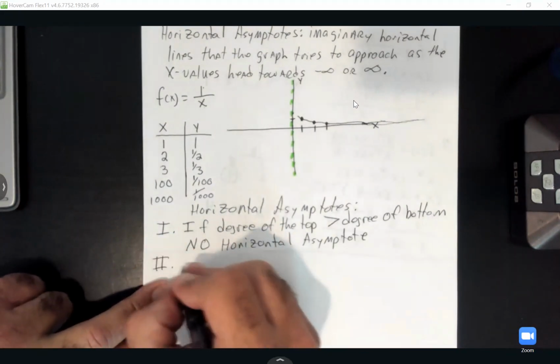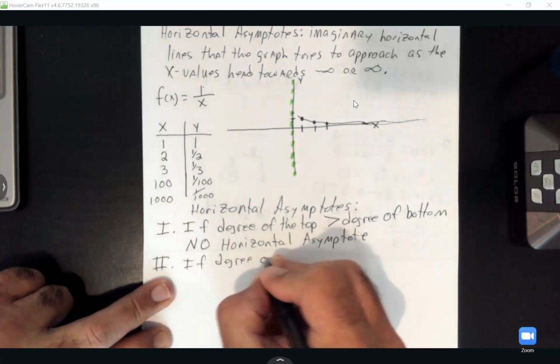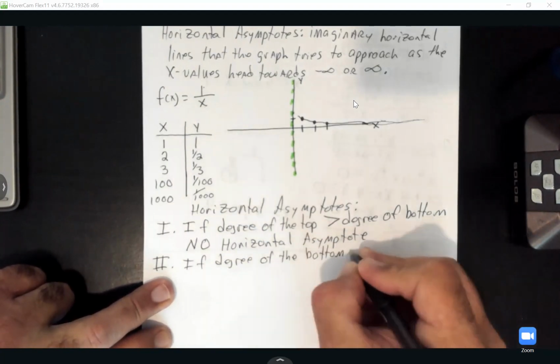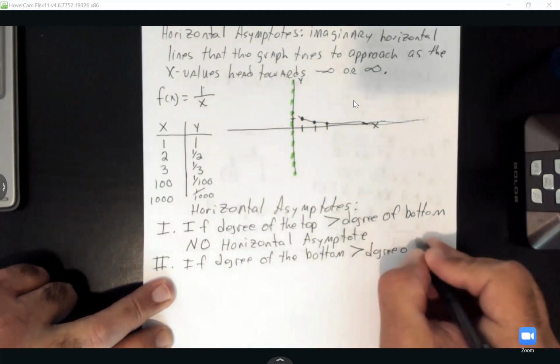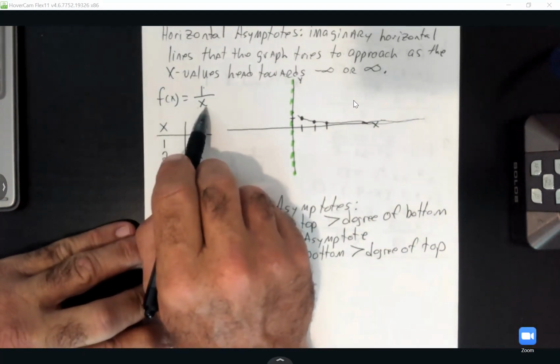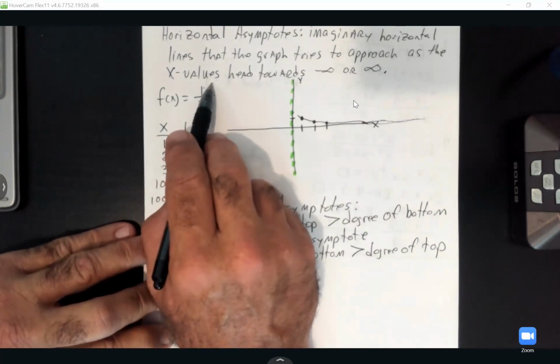Second case, if the degree of the bottom is greater than the degree of the top. Well, y'all, the one I had here had a degree 1 on the bottom, degree 0 on the top because there's not a variable.